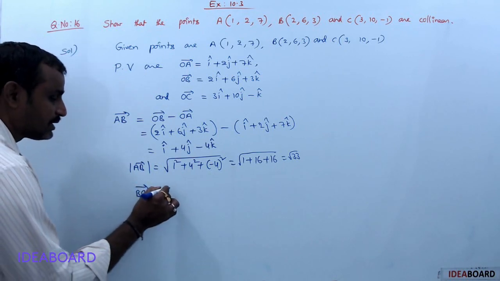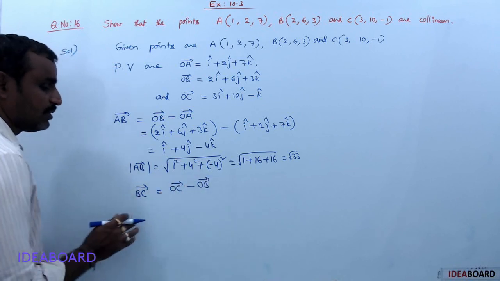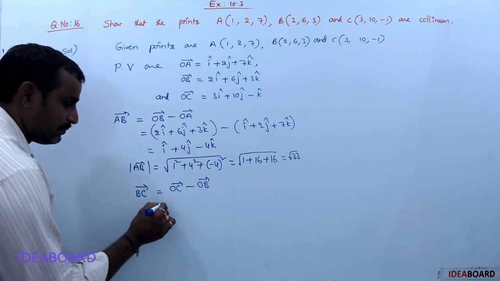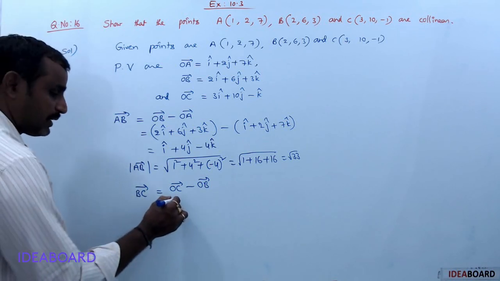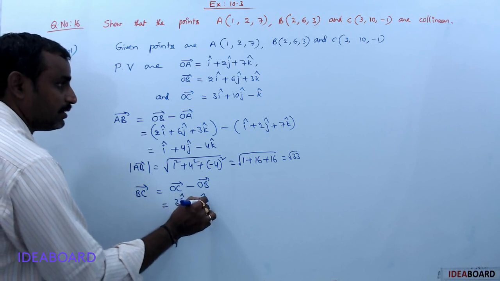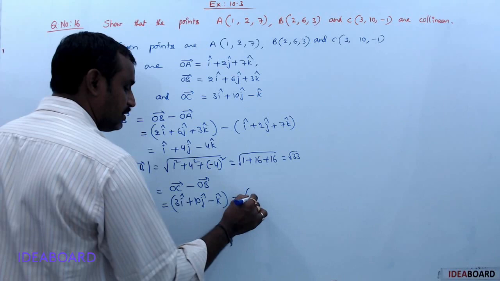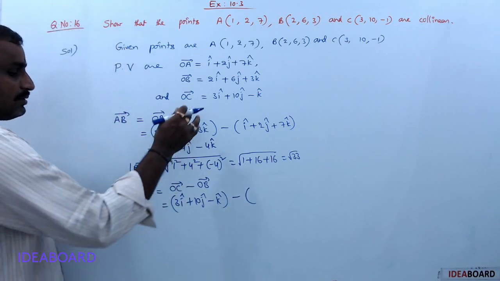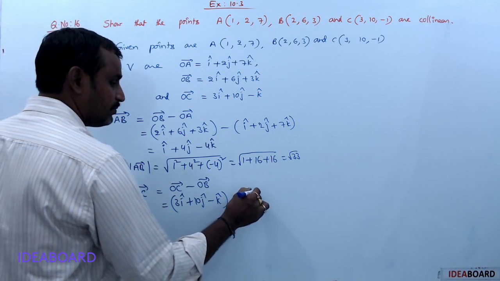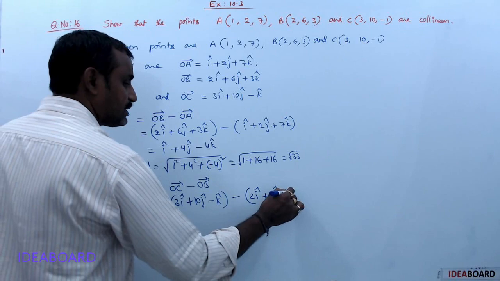First you can calculate BC bar. This is OC bar minus OB bar, the second vector minus the first vector. So now you can see the OC bar vector is 3i cap plus 10j cap minus k cap, subtracting the vector 2i cap plus 6j cap plus 3k cap.